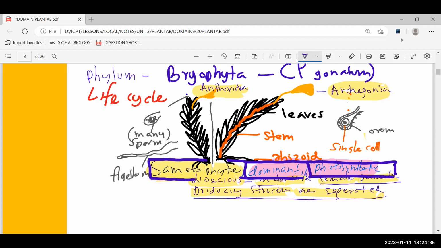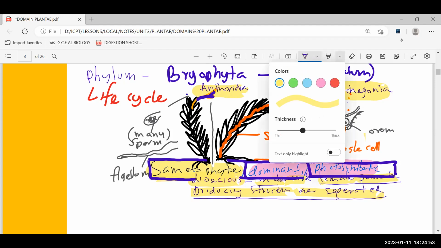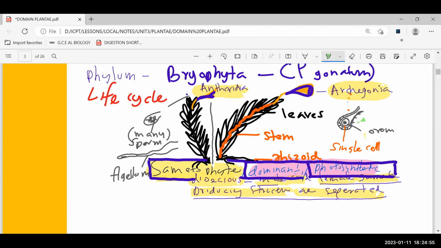Antheridia is the male part, and archegonia is the female part of this gametophyte stage. Antheridia produce sperm cells. Archegonia produce one egg cell, a single-cell ovum, and there are many sperm cells with flagella.